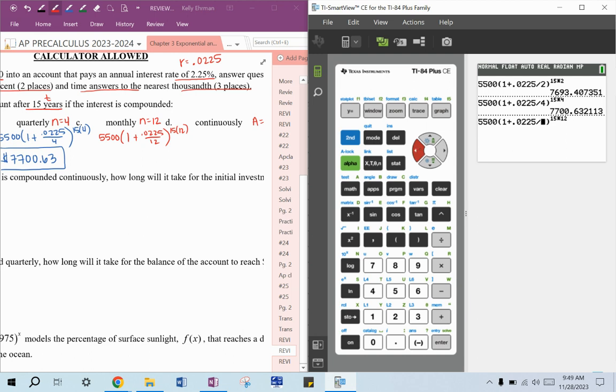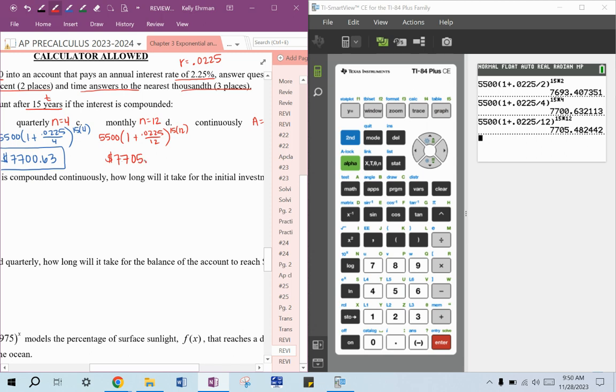If I just type 12 right now, it's going to overwrite those parentheses. So do second delete for insert. Type in the 1. So that inserts a place. And then you got to arrow out of that to get it to stop inserting. And then make that a 2. So now we're at 7,705.48.